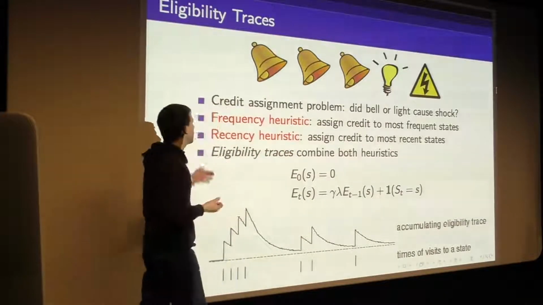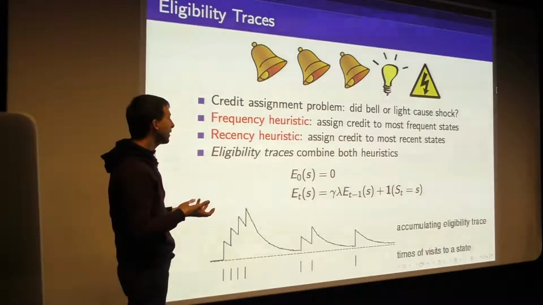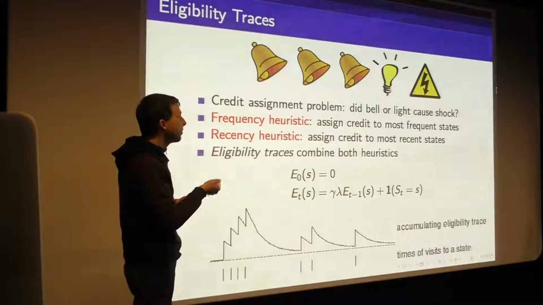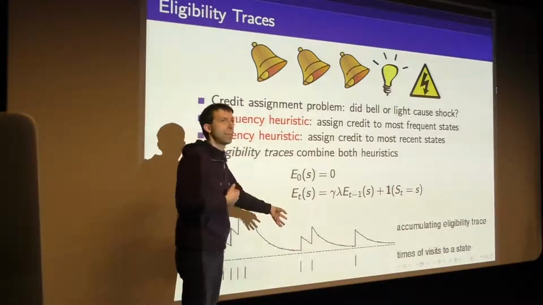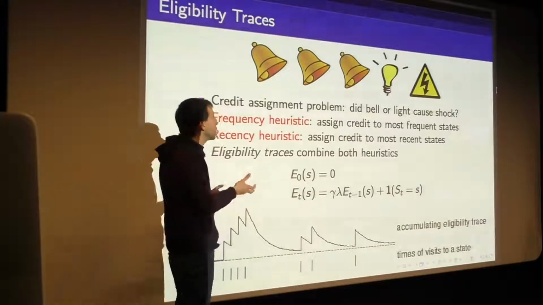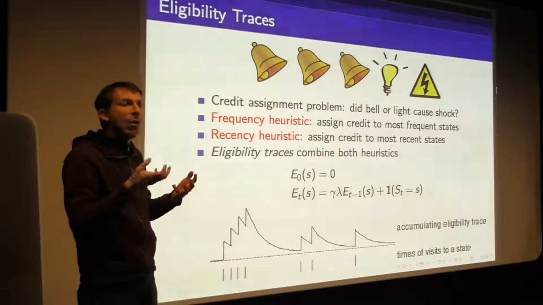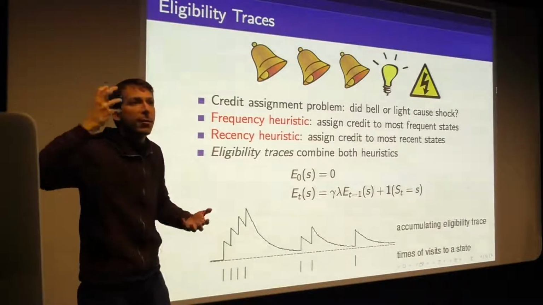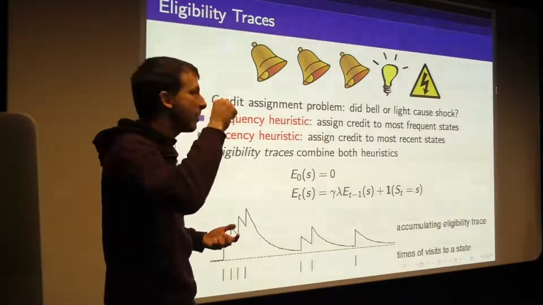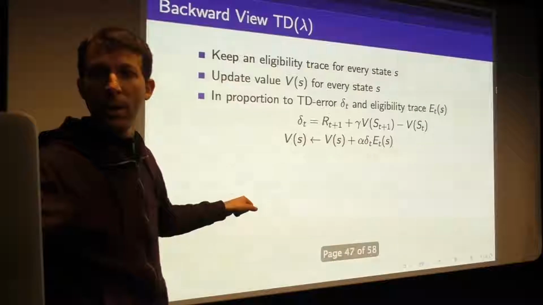This gives us our frequency and recency heuristics combined together. When we see an error, we update the value function in proportion to the eligibility trace, in proportion to how much credit we think should be assigned to being in that state. Like how much was being in this state of hearing a bell the cause of this error that I saw, and we update the value function there directly in proportion to the eligibility trace.